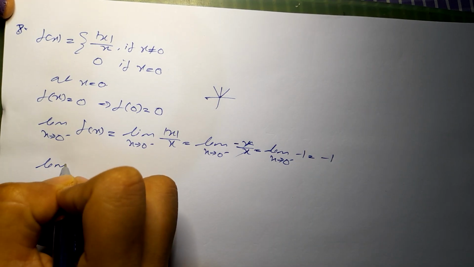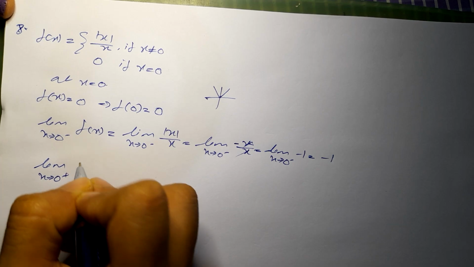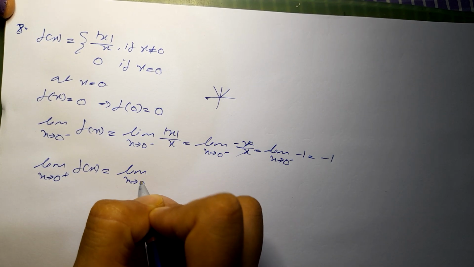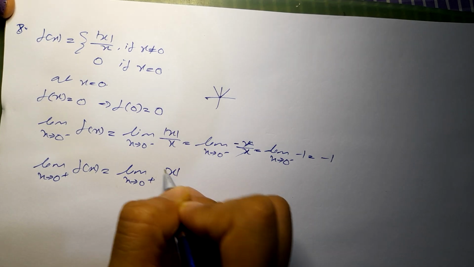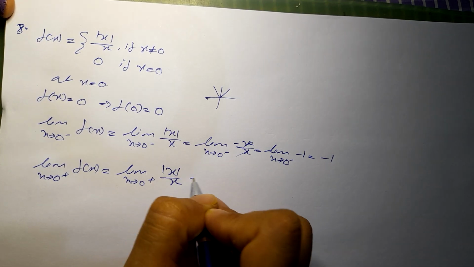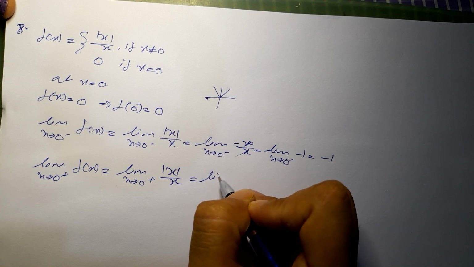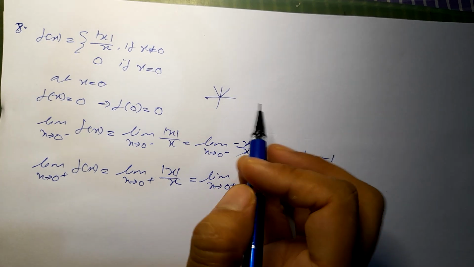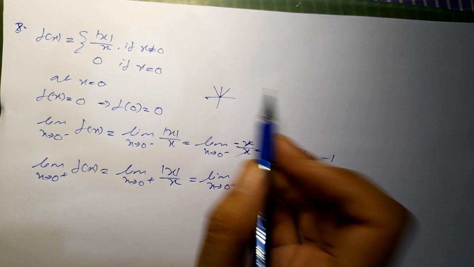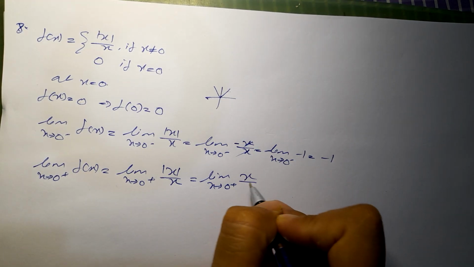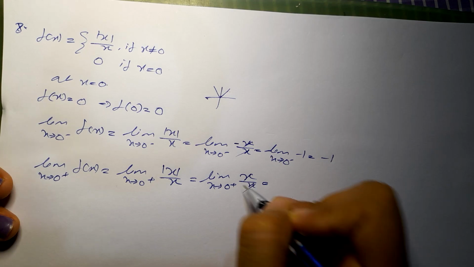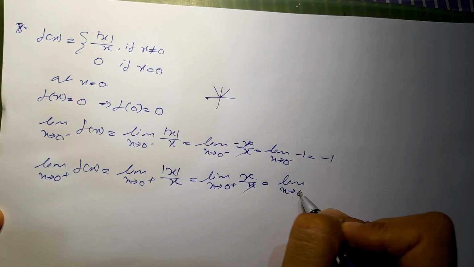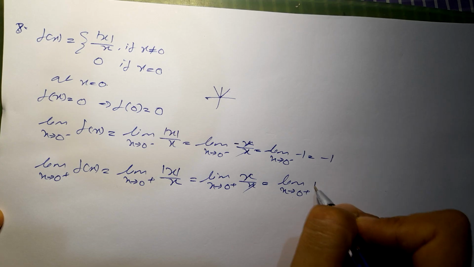Right hand limit, limit x tends to 0 plus f(x), is equal to limit x tends to 0 plus of modulus of x divided by x. Since x is greater than 0, this side it's plus, so x divided by x. The x and x eliminate, limit x tends to 0 plus of 1, so it will give 1.